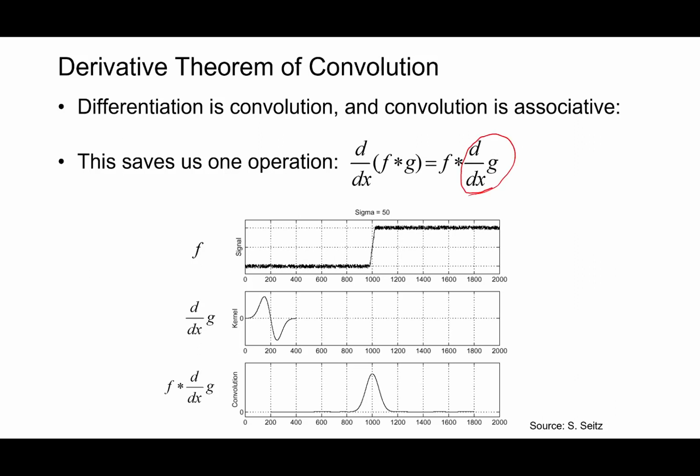The Gaussian is of this shape, and the slope is positive here, zero here, and negative here. So you get this positive, zero and negative nature in the first derivative of the Gaussian. Then when you run that, you get exactly the same effect that you wanted.